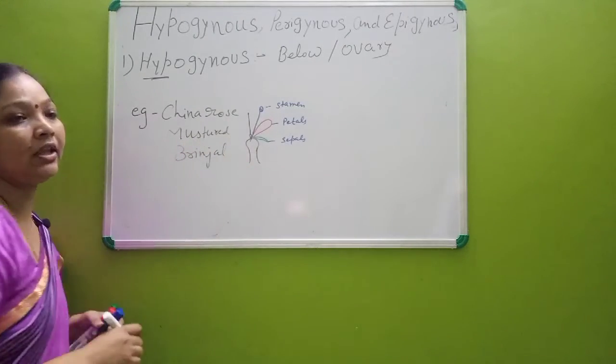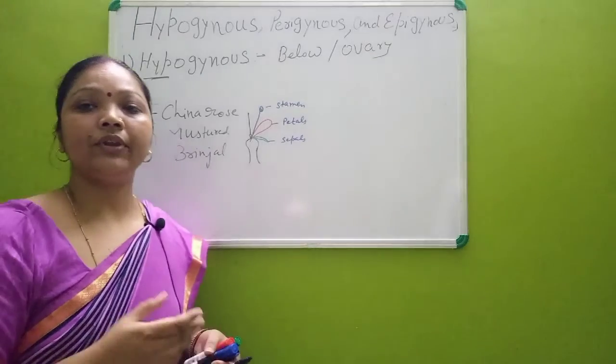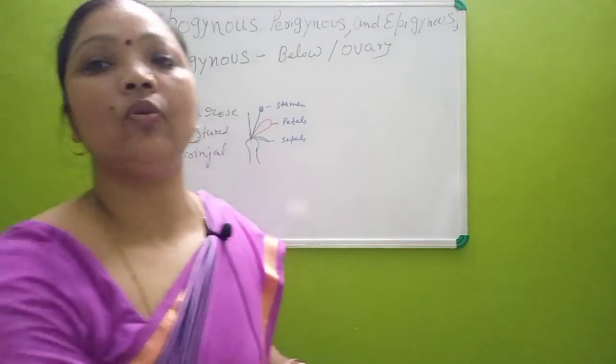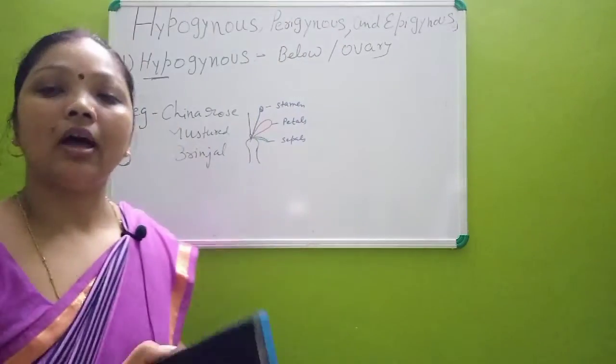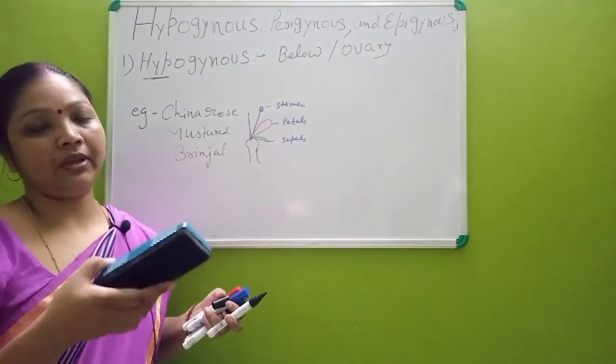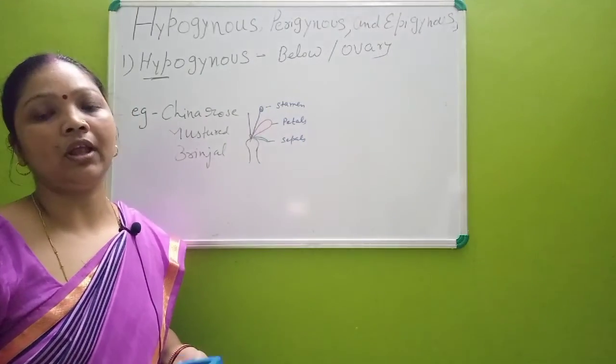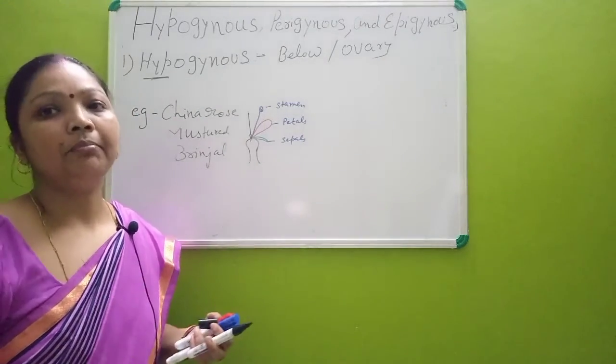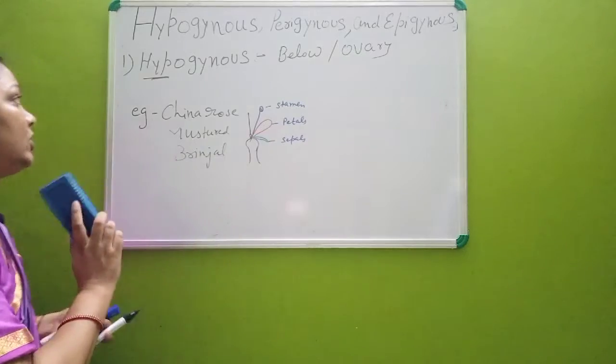So all these are examples where the ovary is hypogynous, meaning the ovary is in an apical position and all the other whorls are arising from below it. So it is a hypogynous ovary.